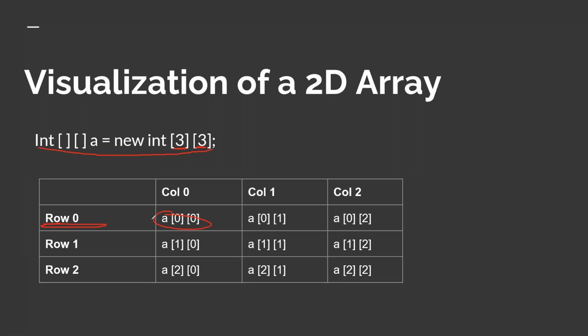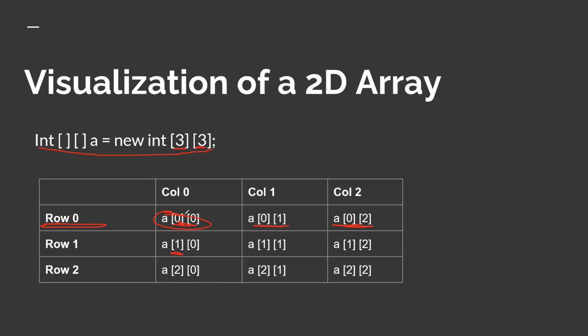If I were to have my integer array of arrays, it would be the first array and the first value in that array. Or alternatively, it's just the very first thing: 0th row, 0th column. Then you can think of A[0][1] as 0th row, first column, and A[0][2] as 0th row, second column.